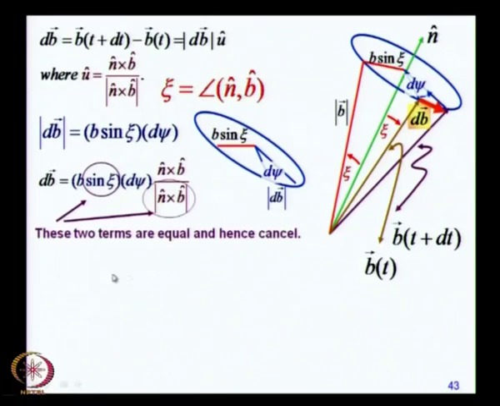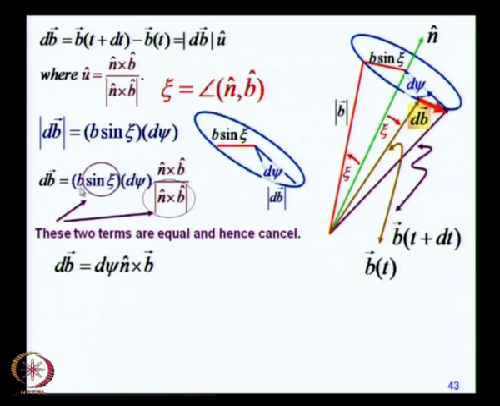So, these terms will cancel each other, this sin xi in the numerator and the sin xi implicit in the cross product of n cross b, and you get a relatively simple expression for the displacement vector dB, which is d psi times n cross this vector, which is a unit vector, times this magnitude b, which will make the vector b itself.